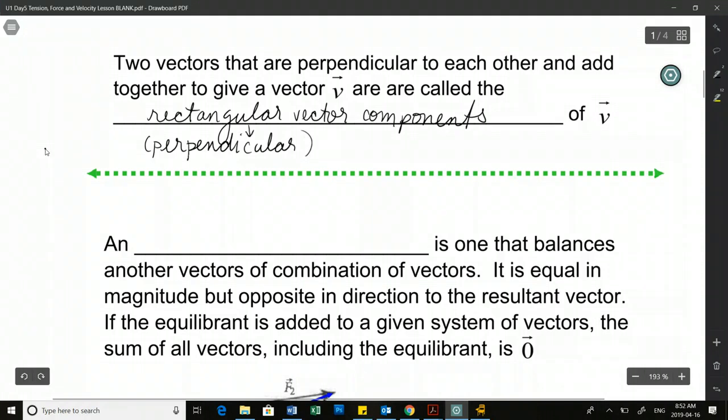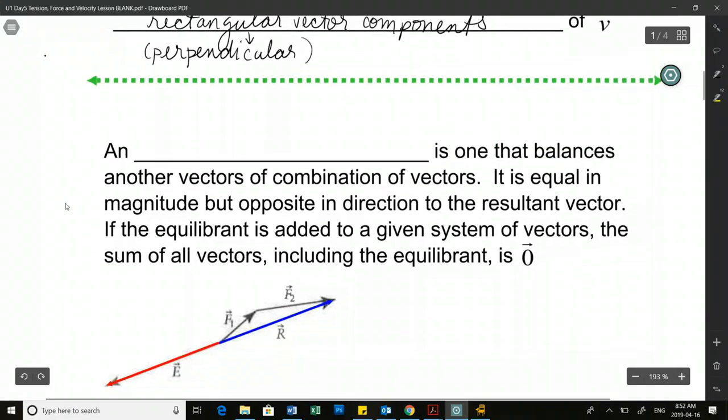I think I mostly use rectangular vector components, but if you happen to see perpendicular vector components in another text, we're just separating out the vertical force and the horizontal force within a certain vector.